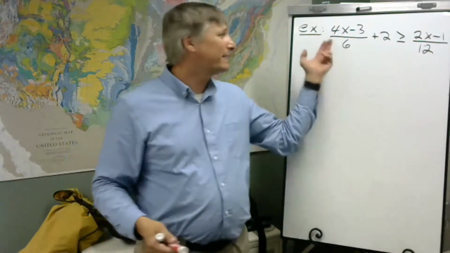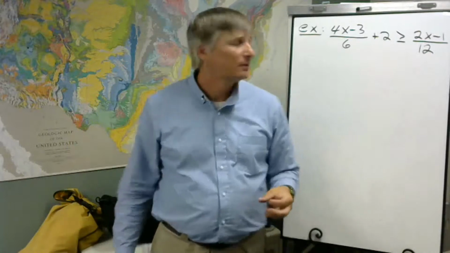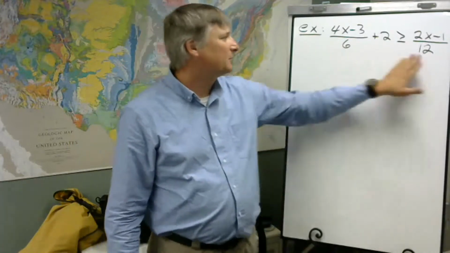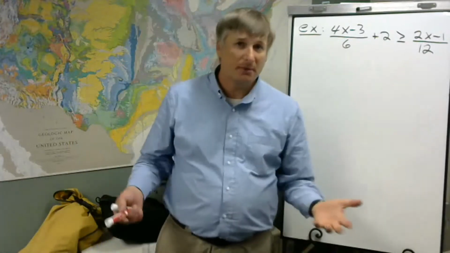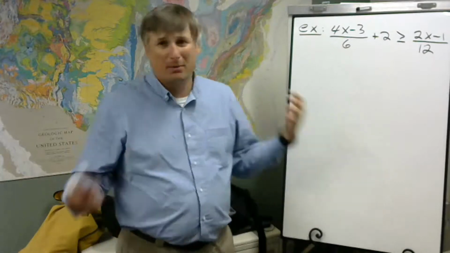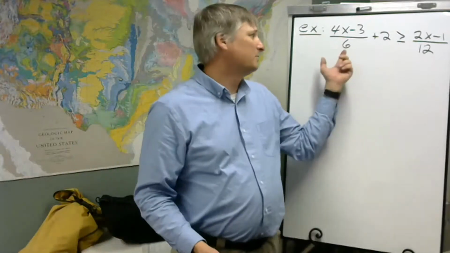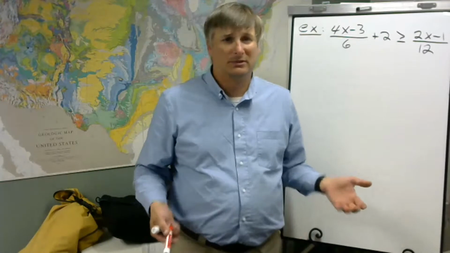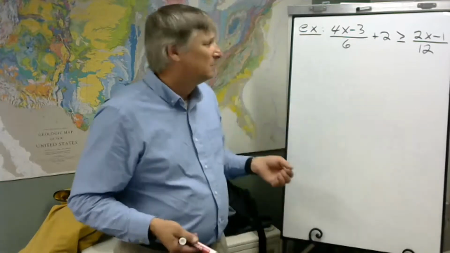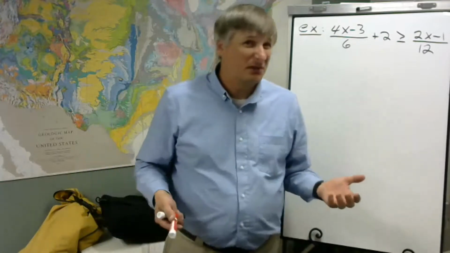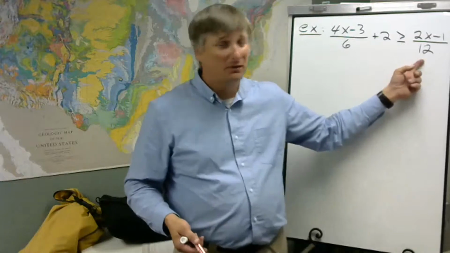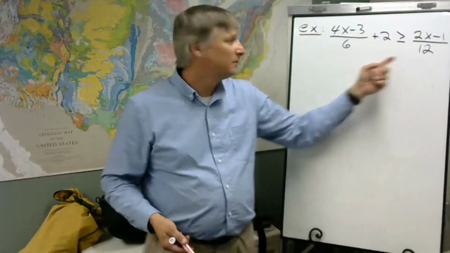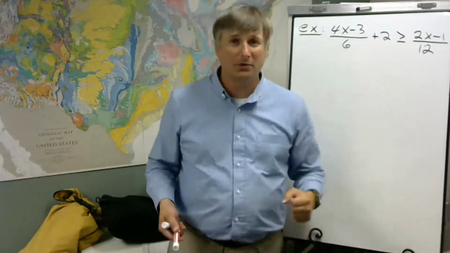What that does is we want to cancel these denominators. So what could cancel a 6 and a 12? Well, again, we could use the LCD method. We could just come up with a number that's divisible by 6 and 12. The easiest number? 6 times 12. Well, it's actually maybe an easier one, to be honest. It's going to turn out to be 12. 12 will divide into itself, and 6 will divide into 12 also.